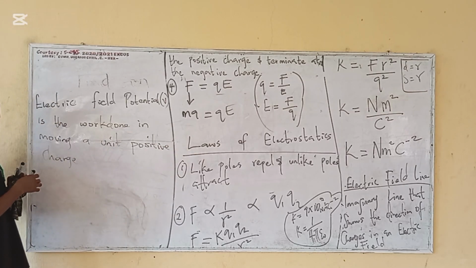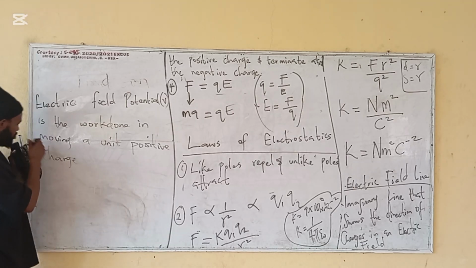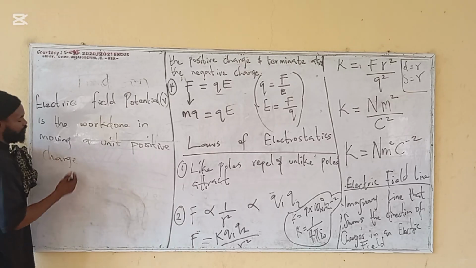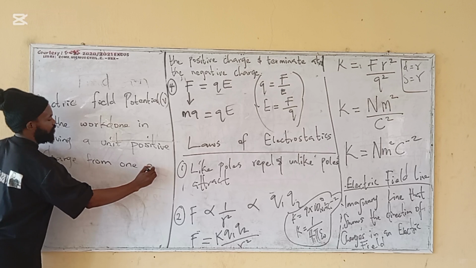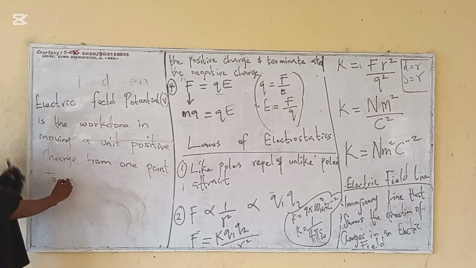Sometimes they tell you a unit positive charge from infinity to a point. When I say from one point, I don't even know the points, so it's still from infinity, from one point to another.